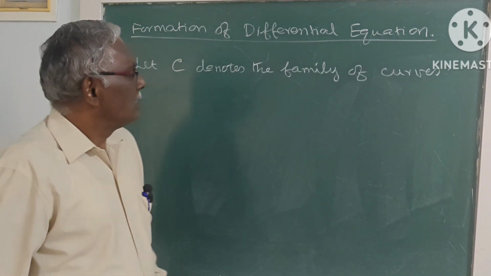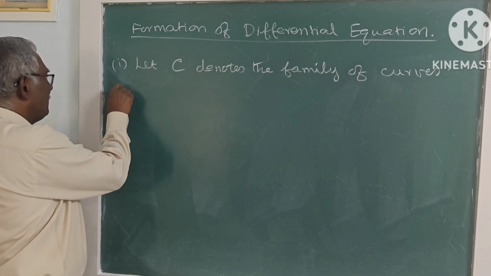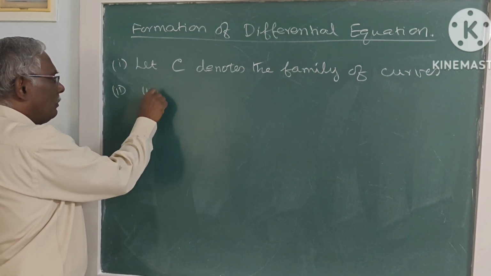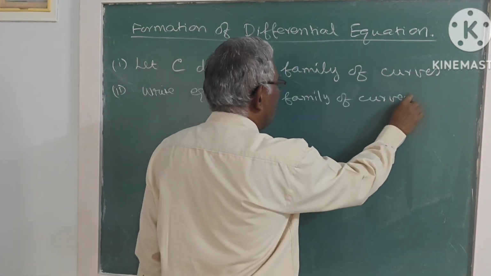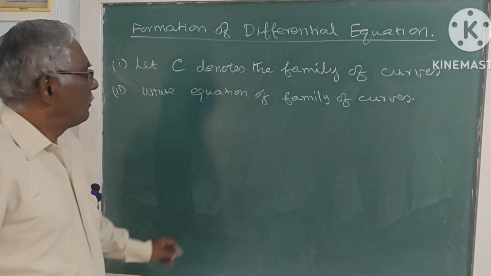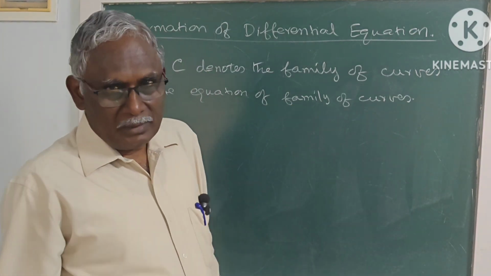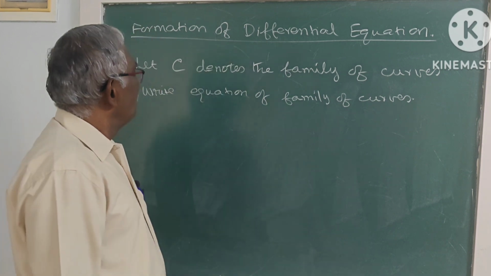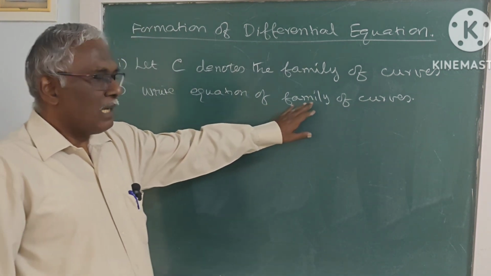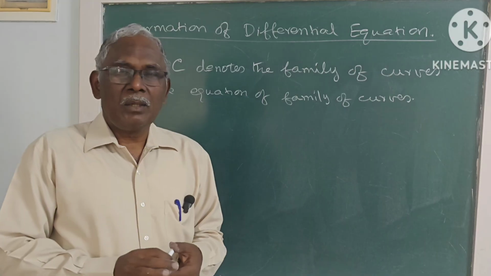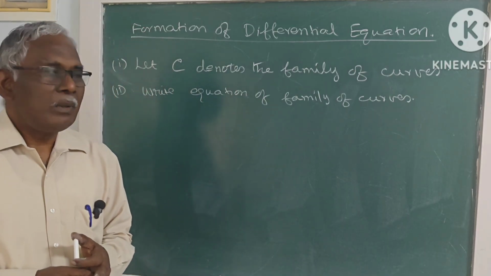Then we have to write the equation of family of curves and see how many arbitrary constants are there. Then that many times we have to differentiate and we have to eliminate the arbitrary constants. Then we will be getting the corresponding differential equation.